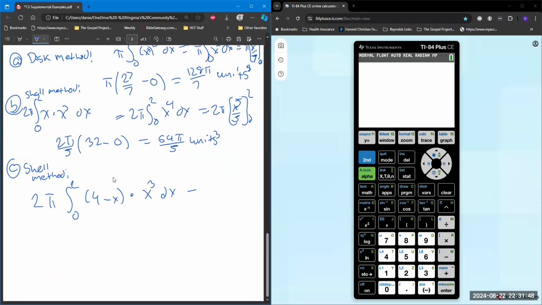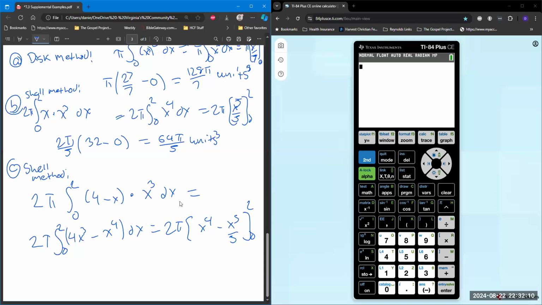So that gives me 2 pi integral 0 to 2 of 4x cubed minus x to the 4th dx. 2 pi times x to the 4th minus x to the 5th over 5 from 0 to 2.